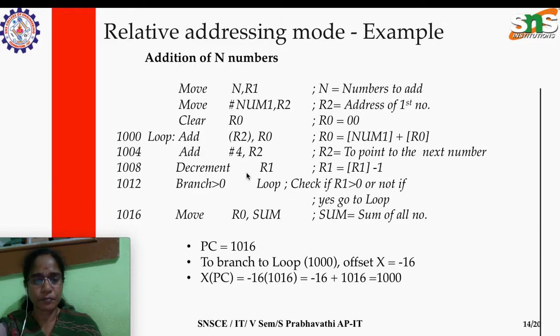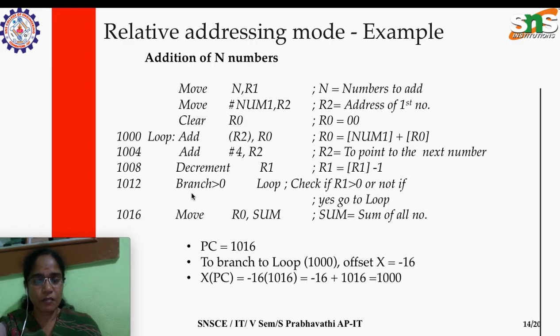Now come to this line. At address location 1012, if the branching condition is satisfied, the program counter has to move to 1000. While this instruction is executing, the program counter automatically increments to fetch the next address location, 1016. So when this condition is executing, PC will have the value 1016.